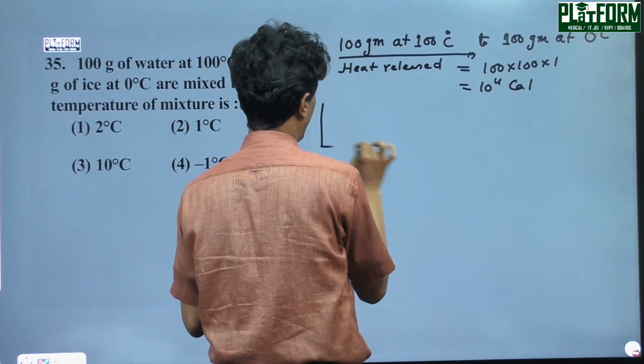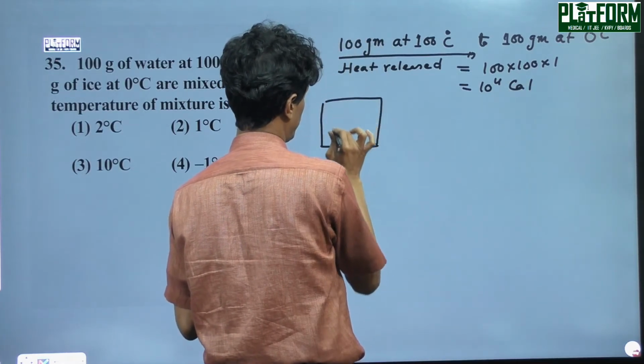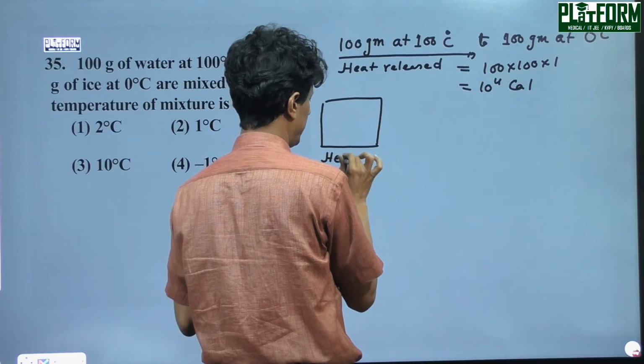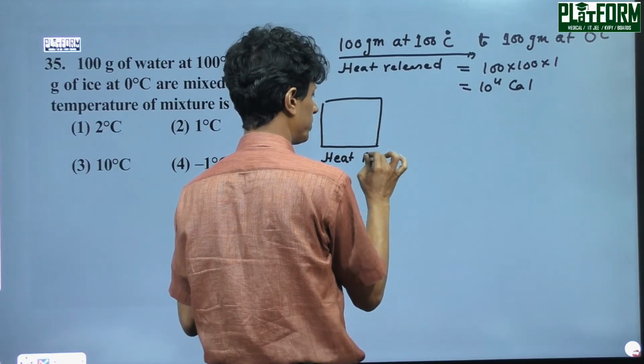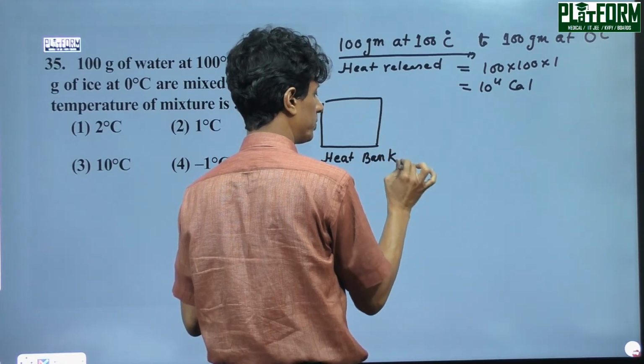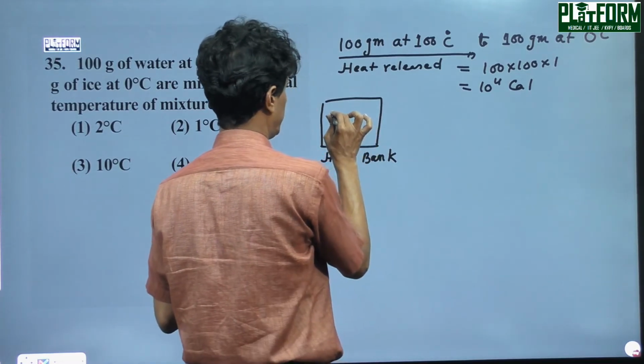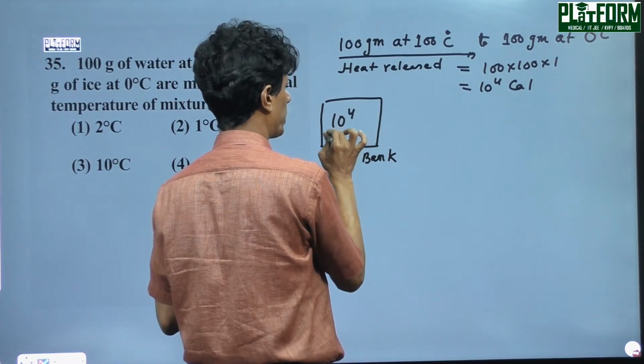So our heat bank has 10 to the power 4 cal.